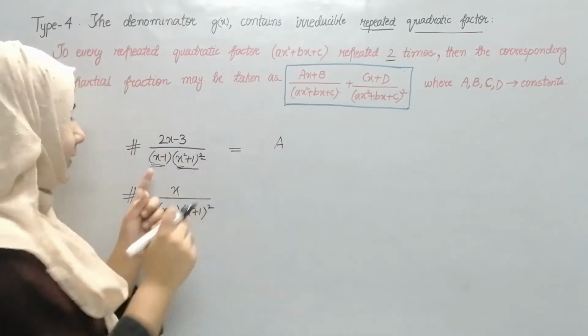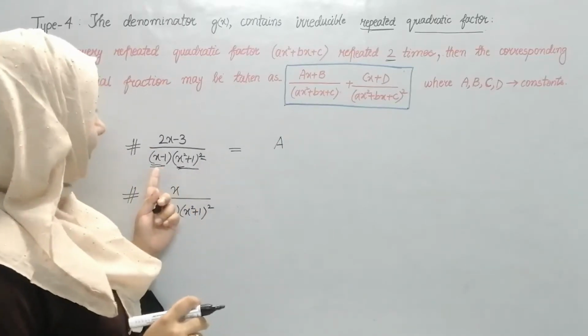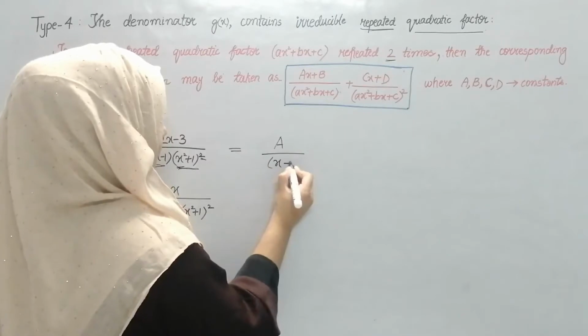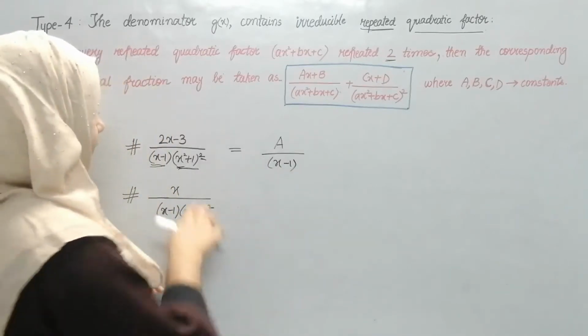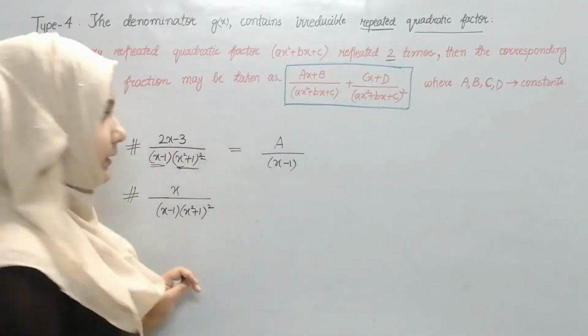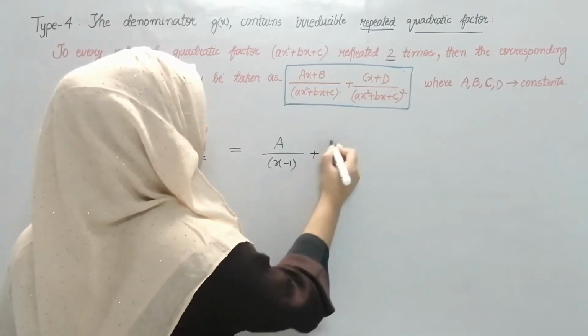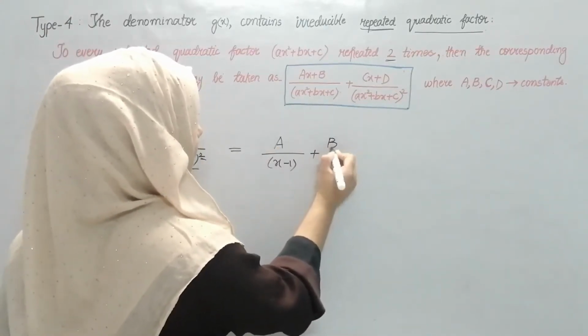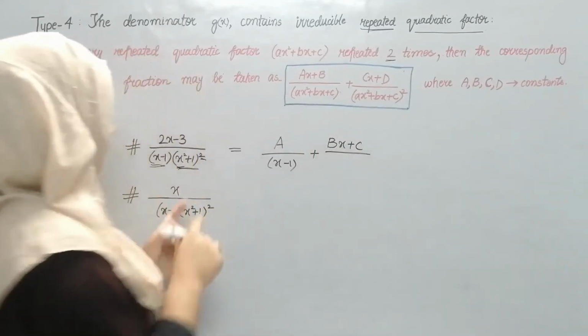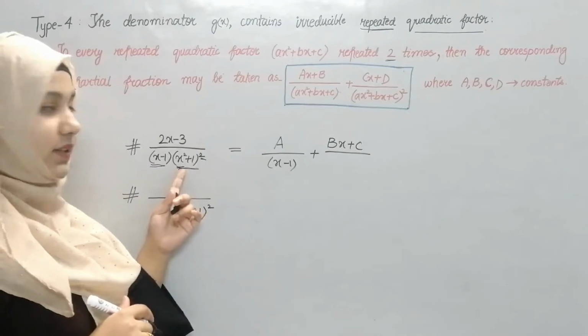For the first one, x minus 1 is a linear factor, so A by x minus 1. Done. Now this is a quadratic factor which is repeating twice. So after A, we have B: (Bx plus C) divided by the factor x square plus 1.